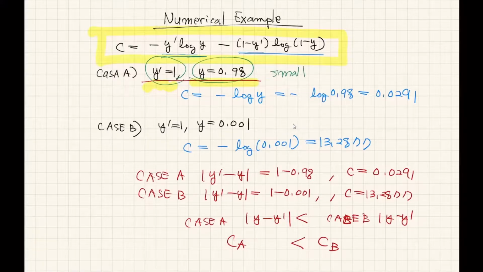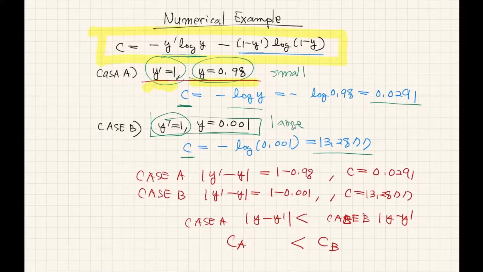And also let's calculate the cross entropy. In this case, it is becoming a small number. However, let's consider a case in which we have a large difference between our target number and our output, then the gradient should be large and we have to keep continuing the training process. In this case, the cross entropy cost function becomes 13.288.